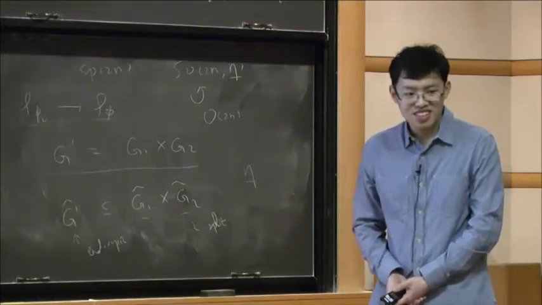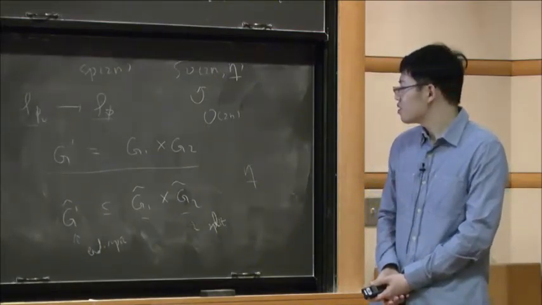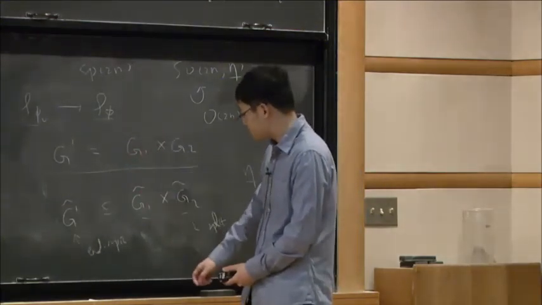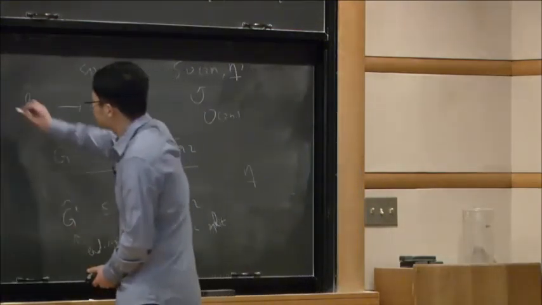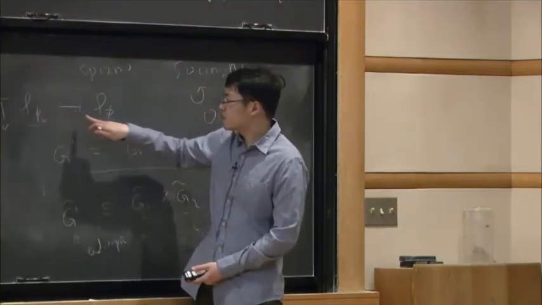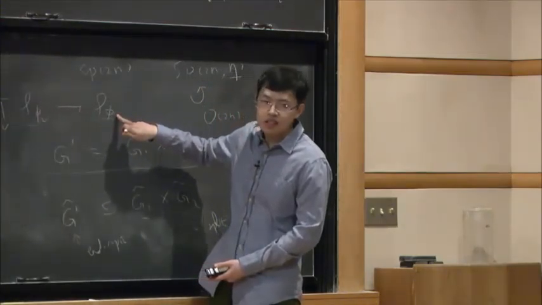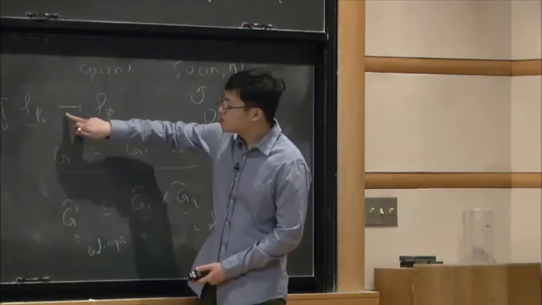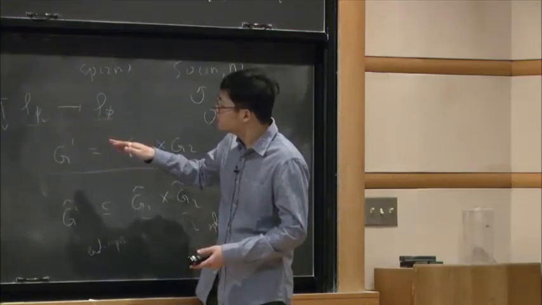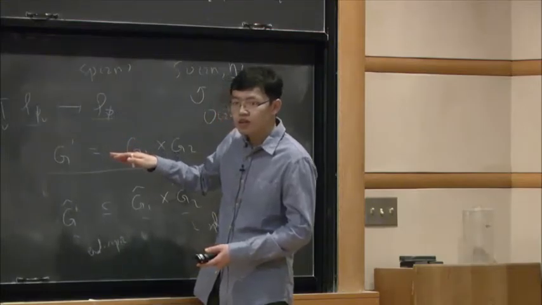Anyway, it doesn't matter. I think the philosophy is that when you mod out the connected component, even if you take all the places, this group has no control on this one. So this map can be non-surjective.